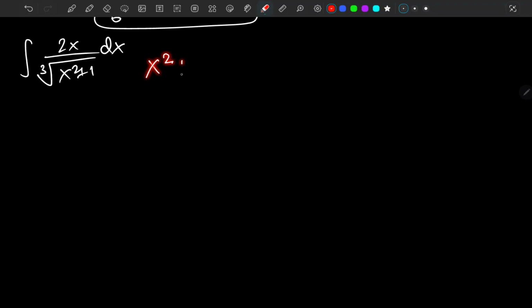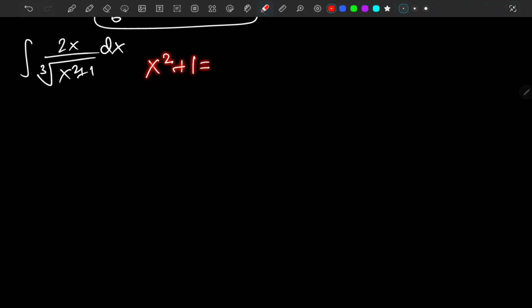Okay, now let's talk about this integral, 2x over cube root of x squared plus 1. If you are watching this video continuously, you must have understood that the first step in this integral is to put x squared plus 1.